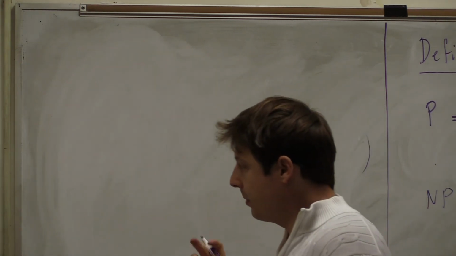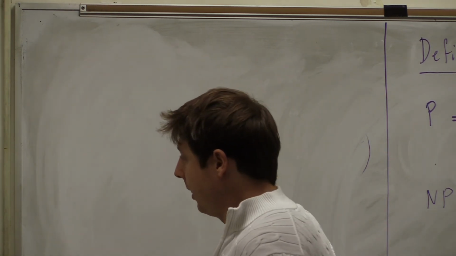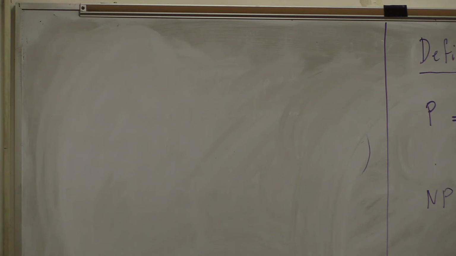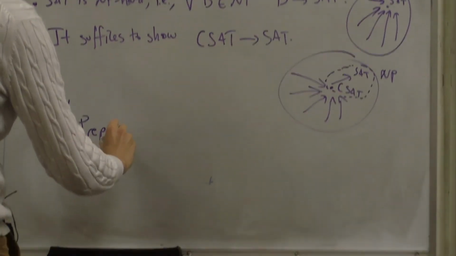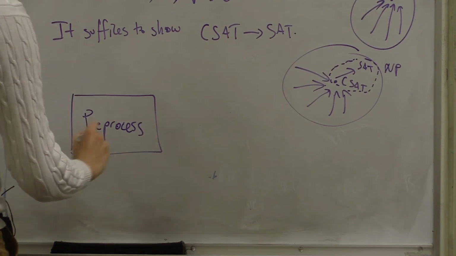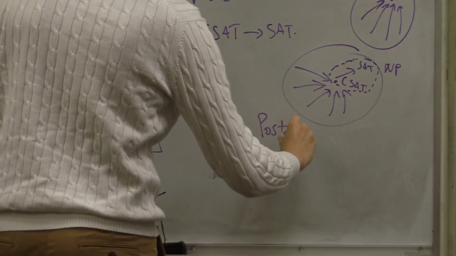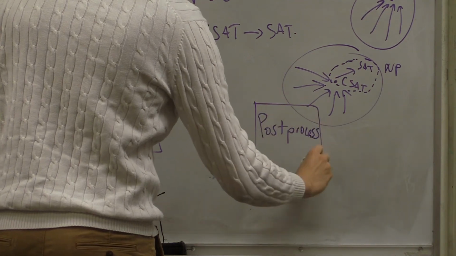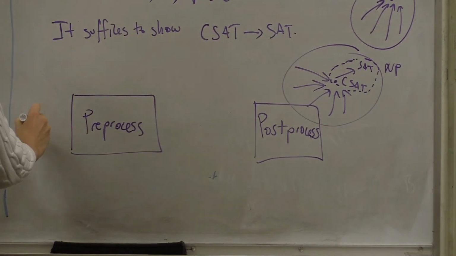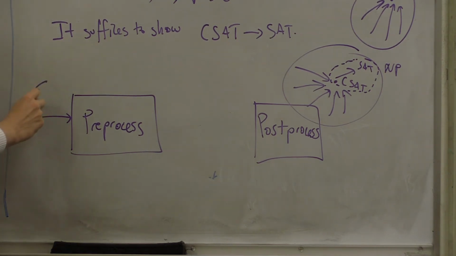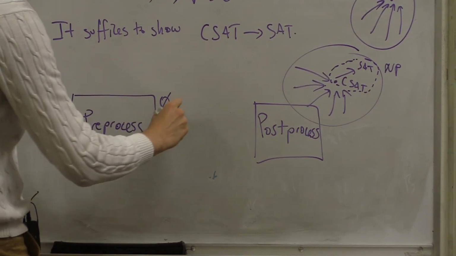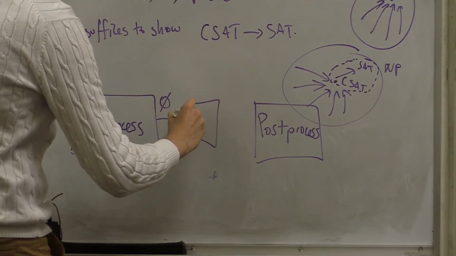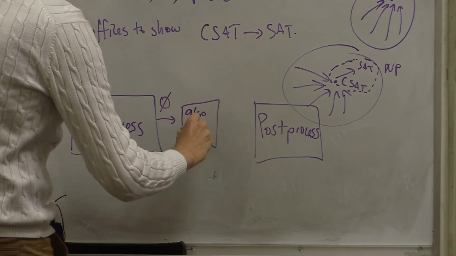All right, so let's at least understand what the difficulty is. Remember, a reduction has a pre-process and a post-process. In this case, we're reducing CSAT to SAT. It means that the pre-process algorithm gets as input a Boolean circuit C, and it has to spit out a Boolean formula phi. We pass this as input to an algorithm for SAT.